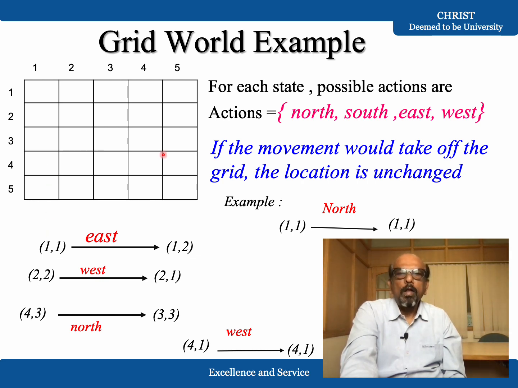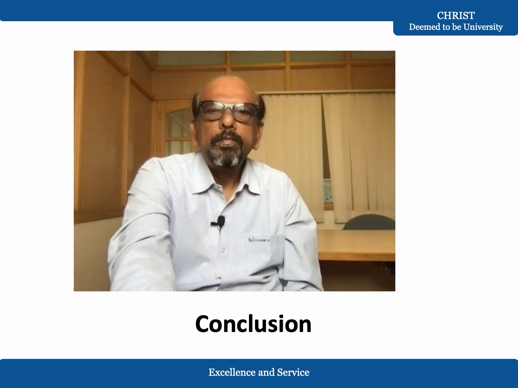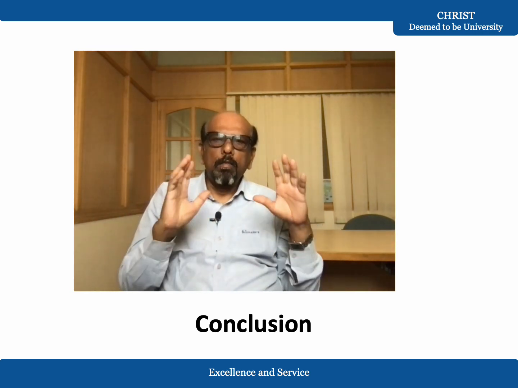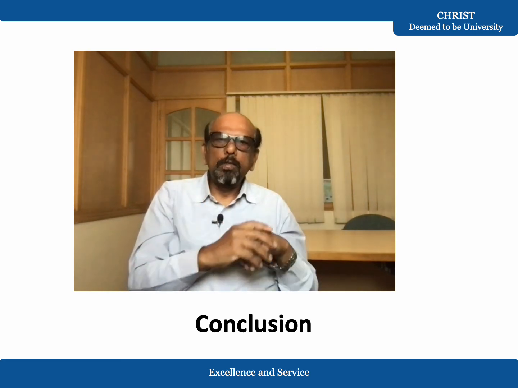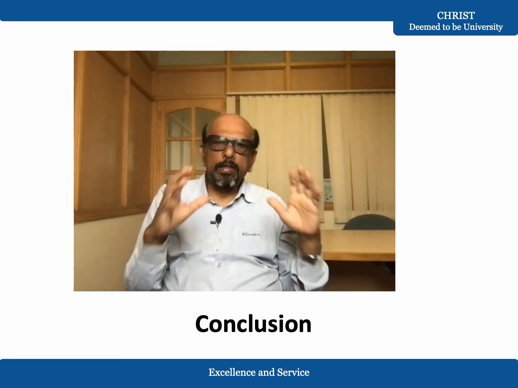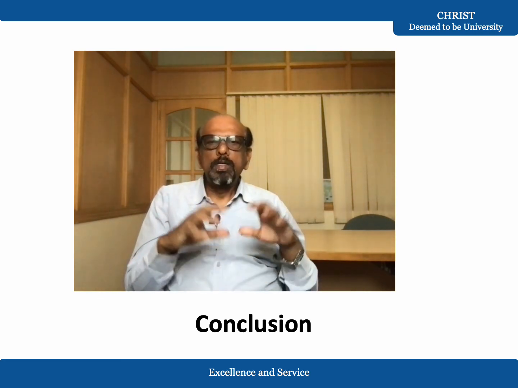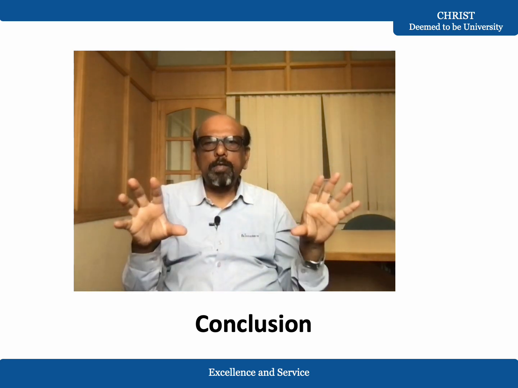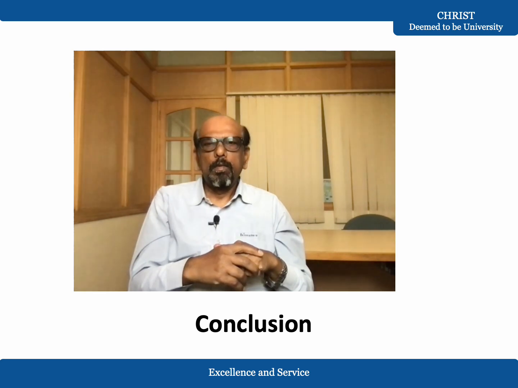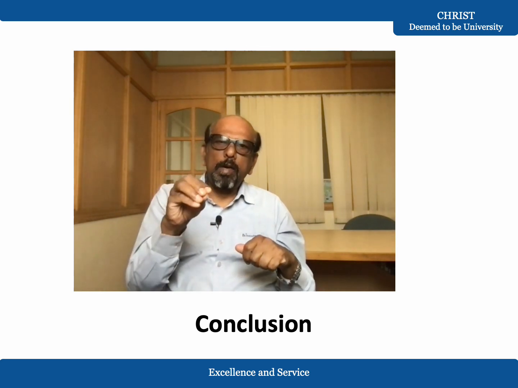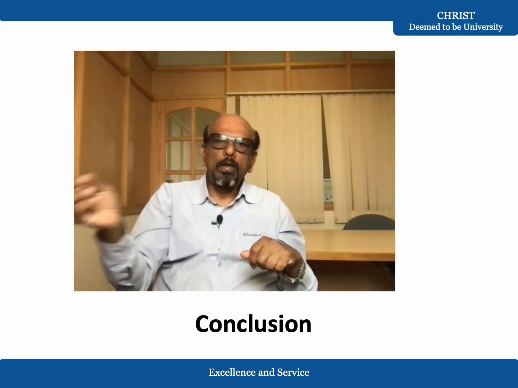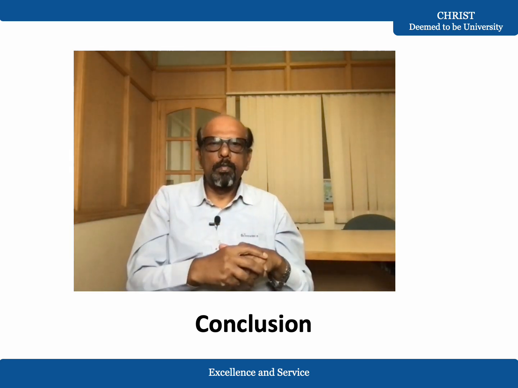So what have we studied? We have studied what is Markovian decision process. The Markovian decision process talks about states. For each state, what are all the possible actions? For each possible action, it will take you from one state to another together with a reward.